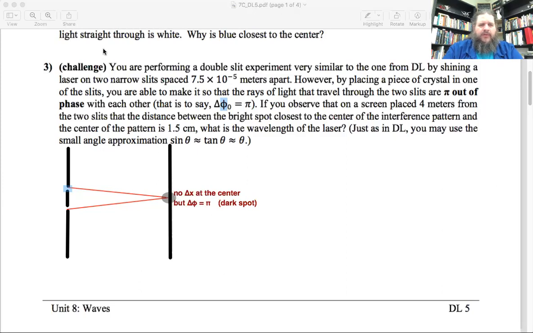But let's say we want to look for the next location beyond that that is at a bright spot. And we consider the two path lengths to that location. So this path length and this path length.